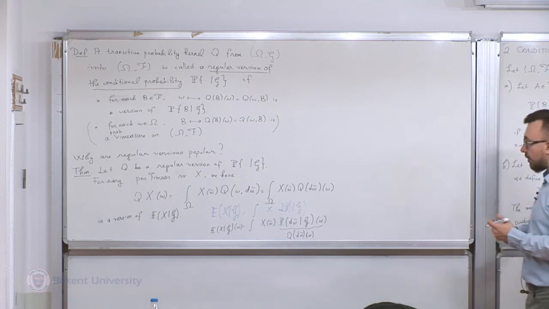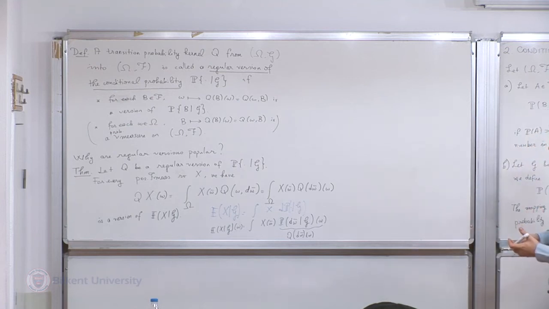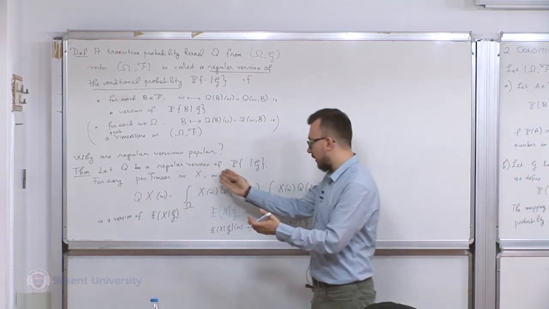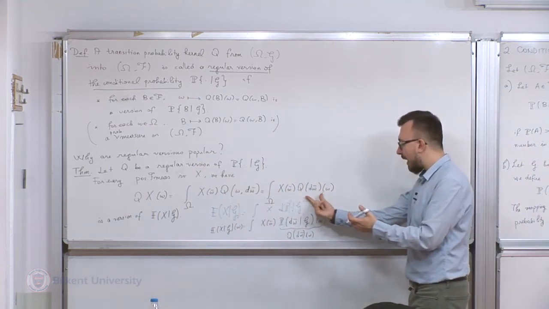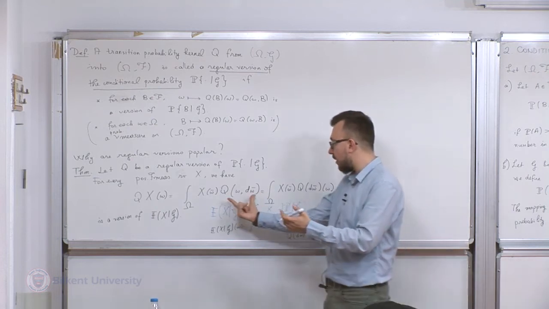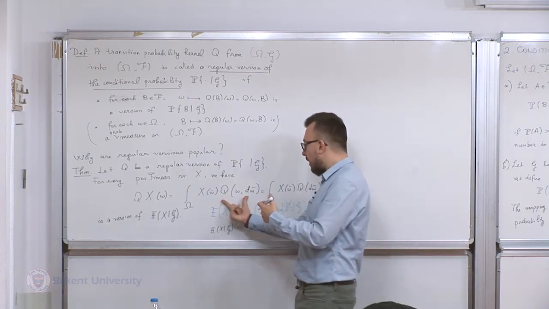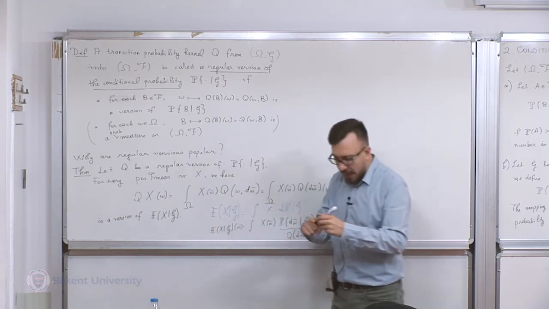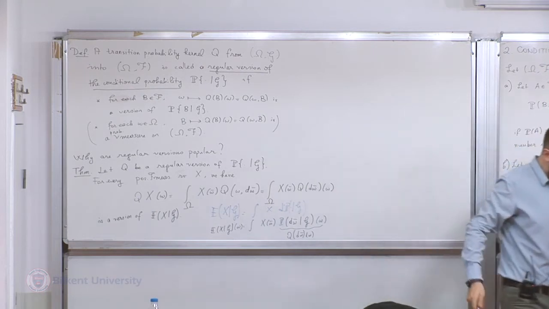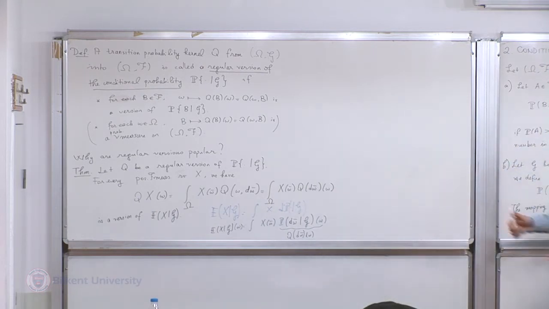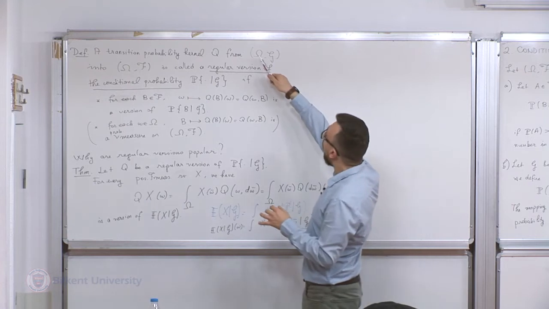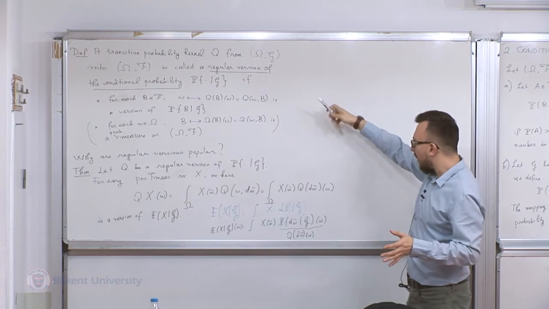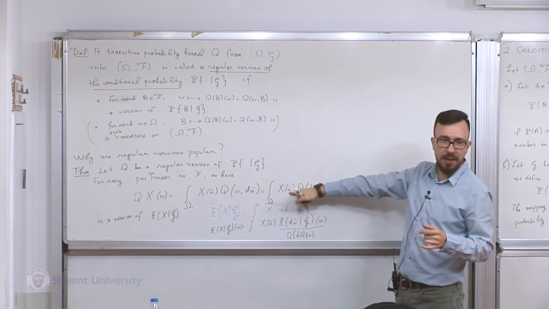Because of those pathologies, we have to be more careful when stating such a result, and that's why we use regular versions. This needs to make sense as a transition probability kernel, and now we can integrate X with respect to the measure part of it. There is some confusion in notation because this is a transition probability kernel from omega G to omega F. That's a bit unfortunate, so we use omega and omega bar.